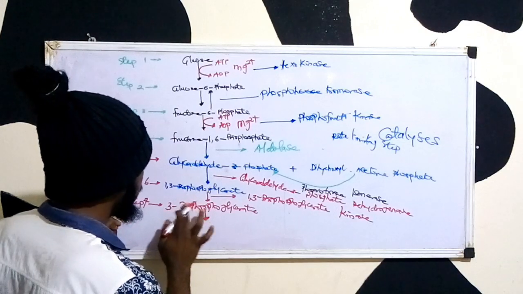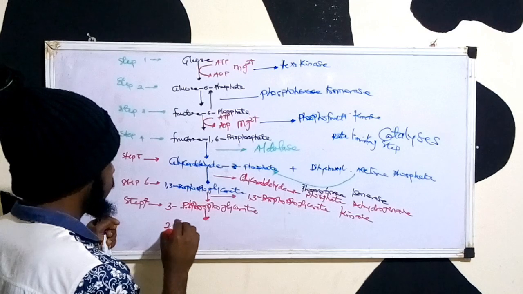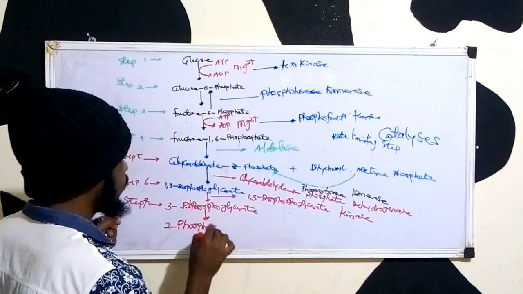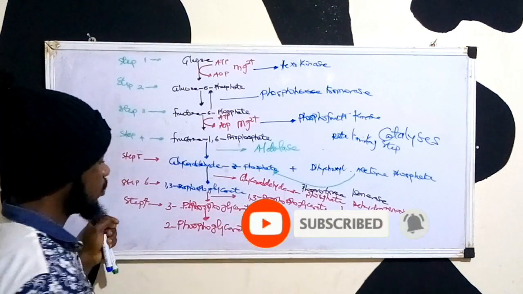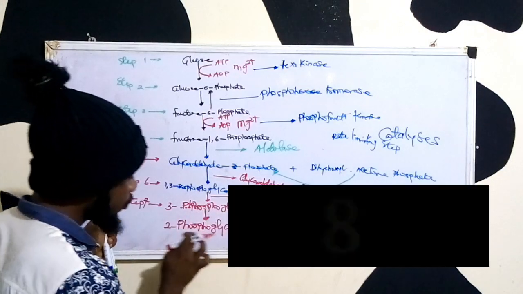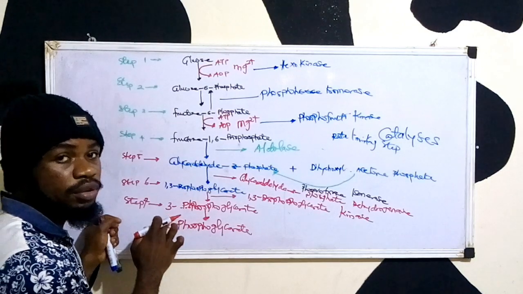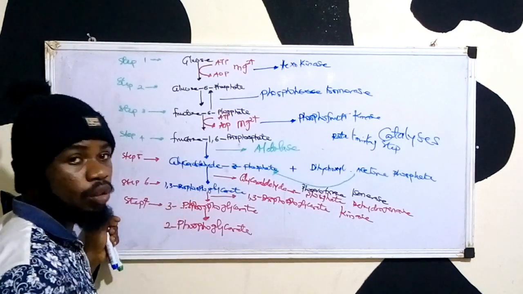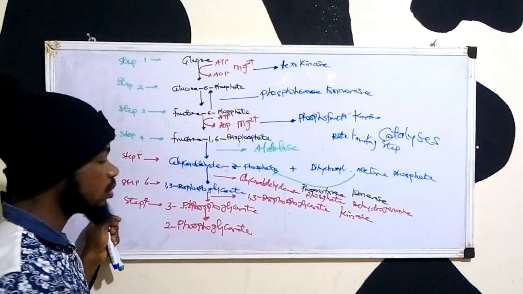Okay, this is phospho, not di. This is phosphoglycerate. Now look at these 2 compounds. They are the same, phosphoglycerate, but what makes them different is the position of the carbon atom. This is located at the 3rd carbon atom, and this is located at the 2nd carbon atom.